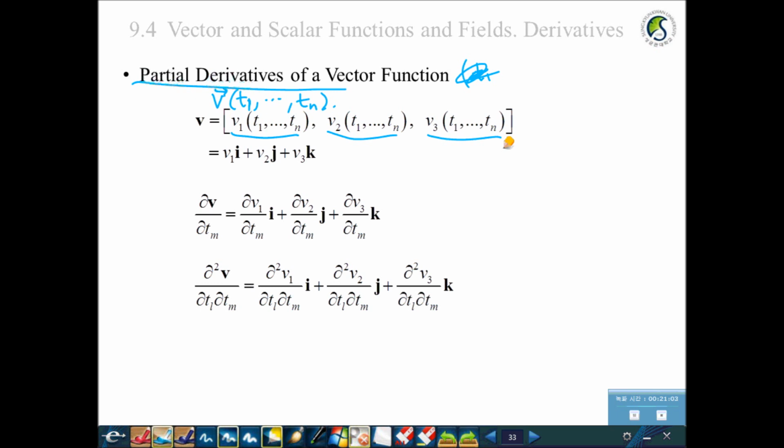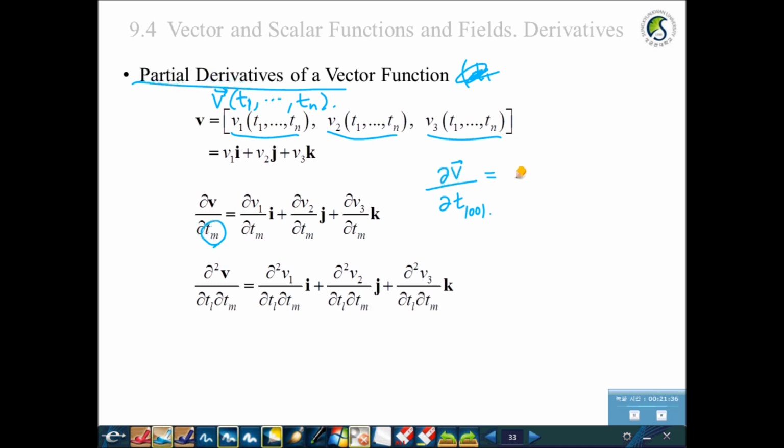Then tm is an arbitrary variable. There are n variables, and out of those we just take the derivative with respect to just one of them.